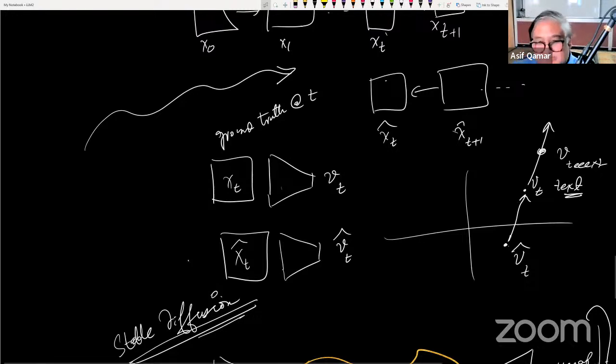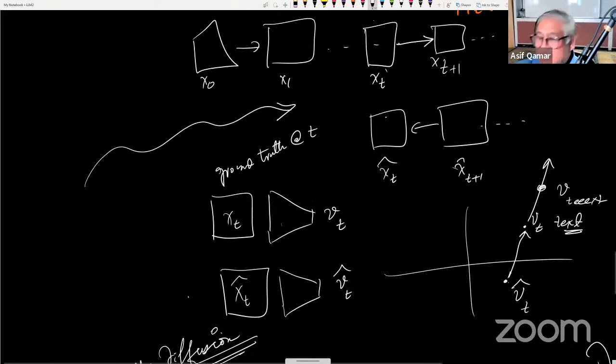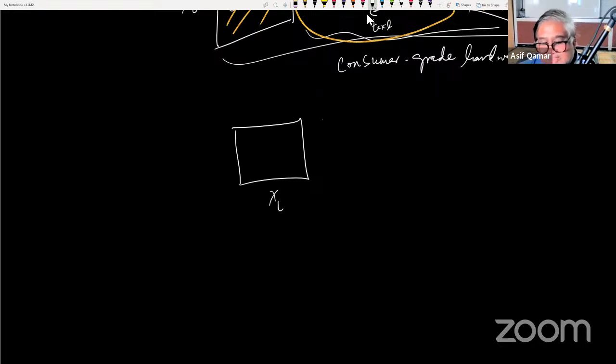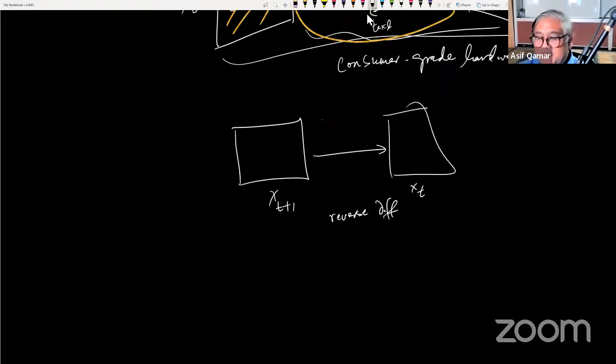Now, one more thing I must mention, this is a subtle, technical detail. Suppose you are trying to go from xt plus 1 to xt, the reverse diffusion. You're trying to predict the xt state, and what you're really predicting is the epsilon. When you get the epsilon, don't be greedy.